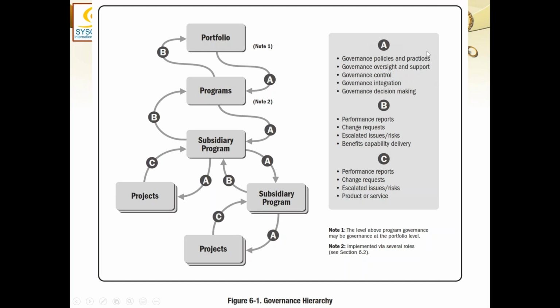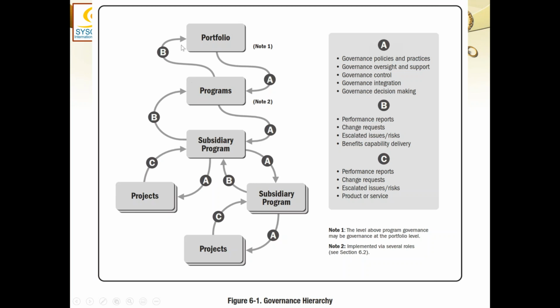That is being provided from portfolio to the program, and program then provides a subset of the same set of instructions to subsidiary programs. That means portfolio governance has provided the program governance. Program governance has provided the component governance.